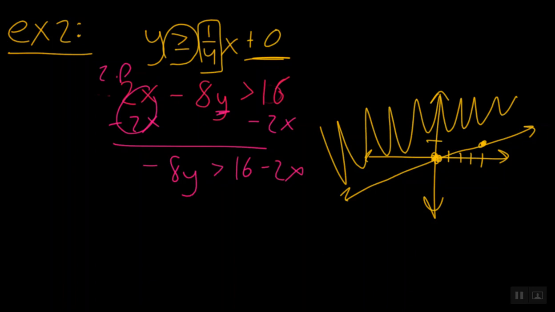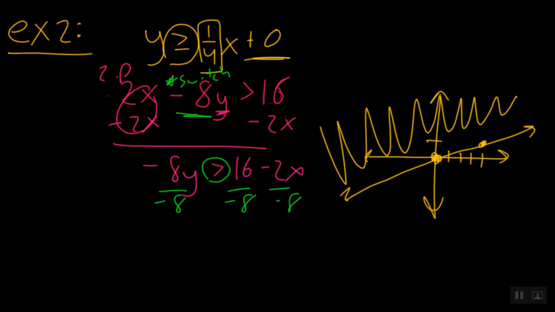And by the way, I should have done this earlier. We should have looked in front of the y and said, hey, is our coefficient positive or negative? Here, I notice it's negative, so I want to put a little star and say the word switch or reverse. So we know that on this very next line, when we divide everything by negative 8, our inequality is going to reverse or flip.